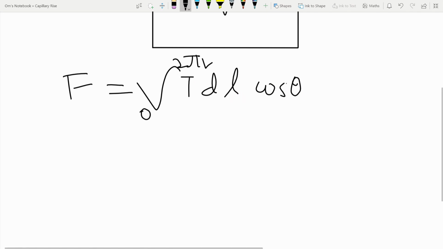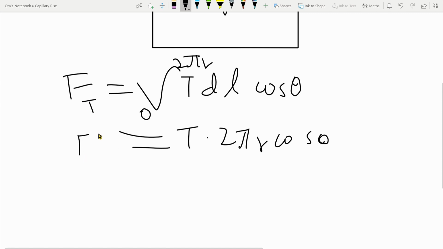Now T cos theta is a constant, so we can write this as T into 2 pi r, where r is the radius of the capillary tube, into cos theta. We denote it with T to show that this is surface tension. So F_T is equal to T into 2 pi r into cos theta.